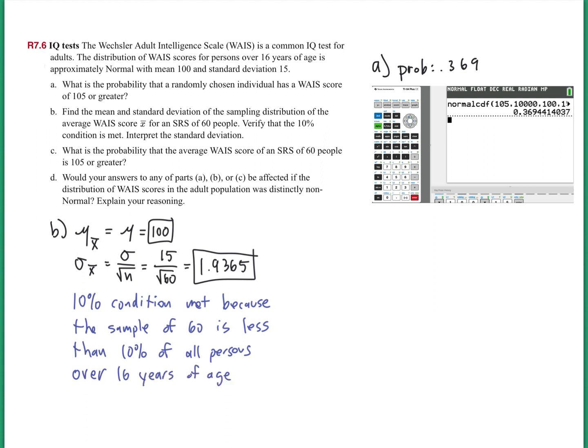Okay, and that's where this sample came from. Okay, and then interpret the standard deviation.